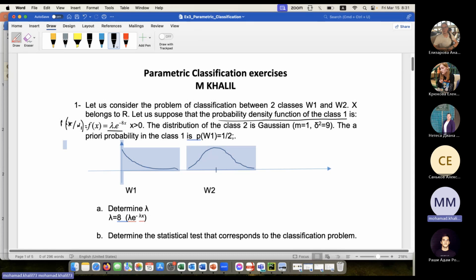And the distribution of class 2 is Gaussian, mean equal 1, sigma squared equal 9. What does this mean?